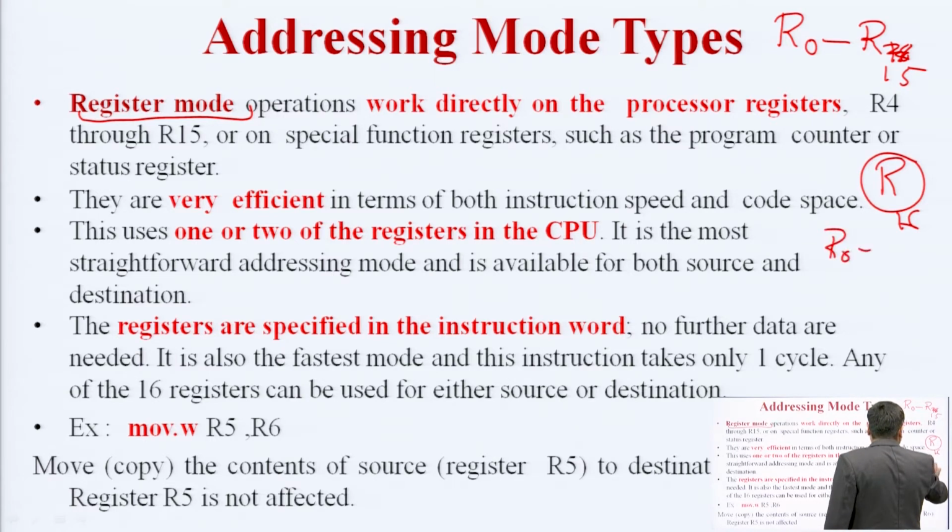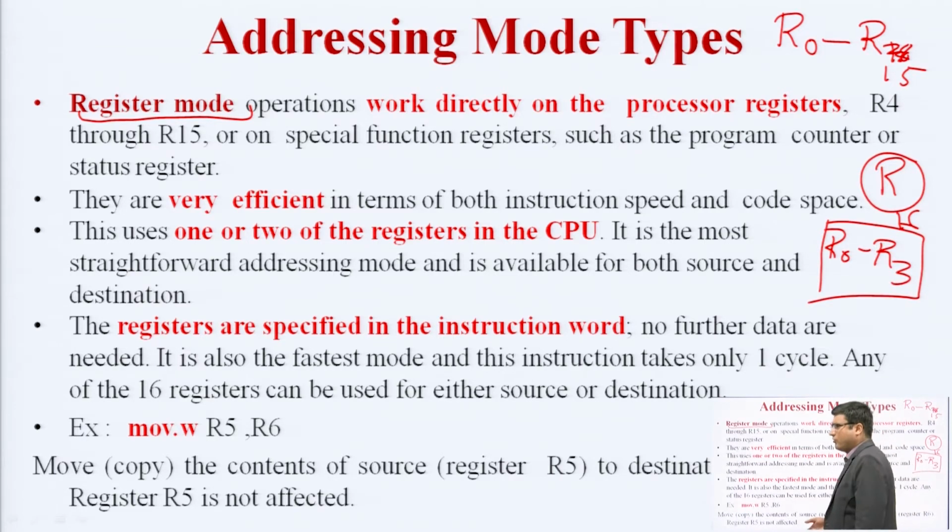From R0 to R3, they are dedicated to specific tasks only, for example, program counter, status register, constant generators, etc. But from R4 to R15, that is 12 registers in total, are not dedicated to any specific task; they are general purpose registers. General purpose means that we can configure them as input as well as output. So, out of the 16 registers available in MSP430, 12 are general purpose registers.